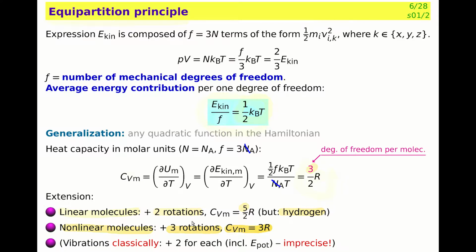This idea can be extended for vibrations. But the problem is that vibrations for normal molecules must be treated by quantum mechanics. So such a classical expression for vibrations would be very imprecise.